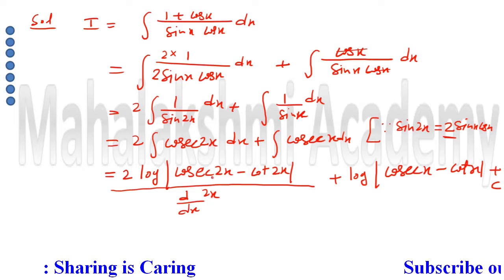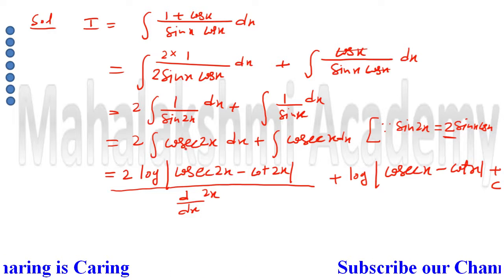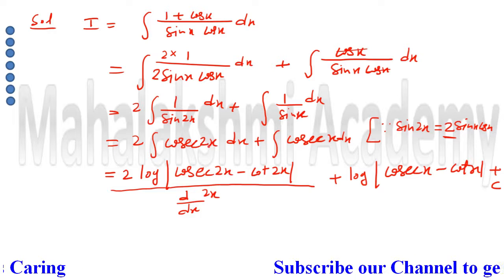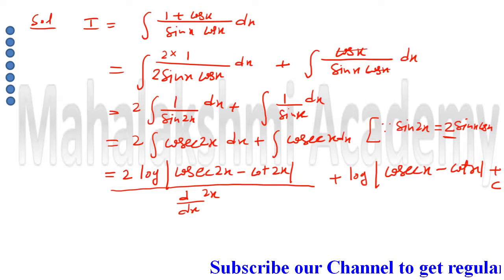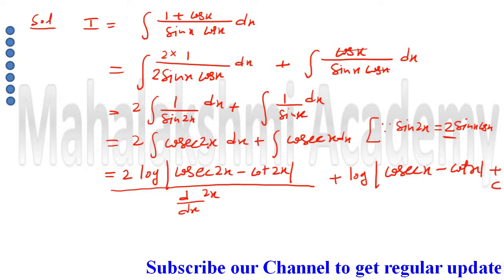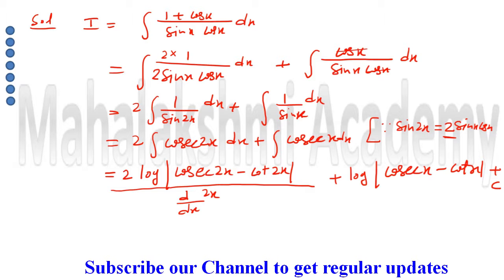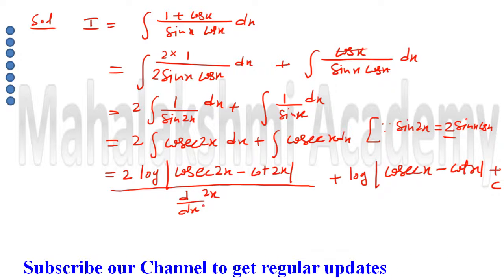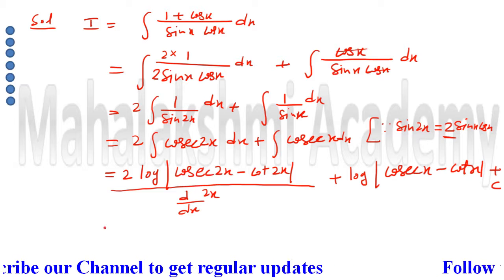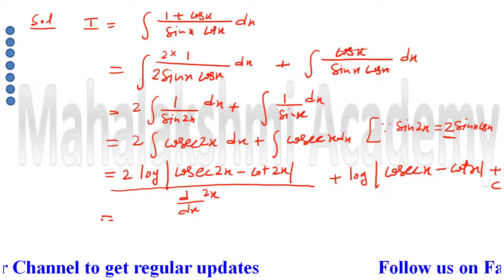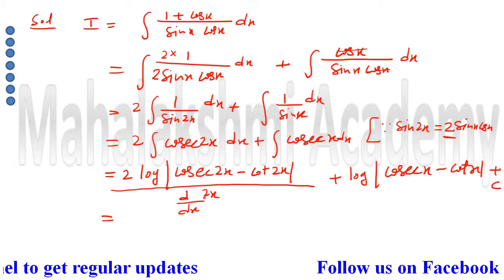So I hope this step is clear to you. What we had done, we integrated it, but it's not x, it's 2x. So we have to apply the chain rule. According to the chain rule, we have to differentiate this 2x, and by whatever answer comes, we have to divide, because we are integrating it. Now what is the differentiation of it? 2.